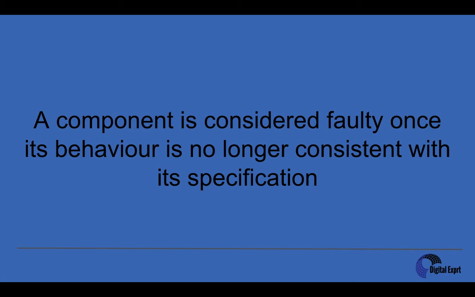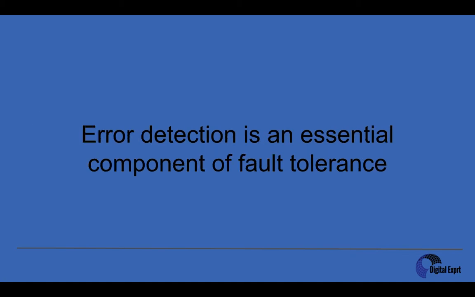It doesn't matter why its behavior changed, it is considered faulty. And so error detection must kick in because it's an essential component of fault tolerance. As soon as the component starts behaving differently than what is expected, this is now an error that needs to be detected. Therefore, we are now building a system that is fault tolerant.